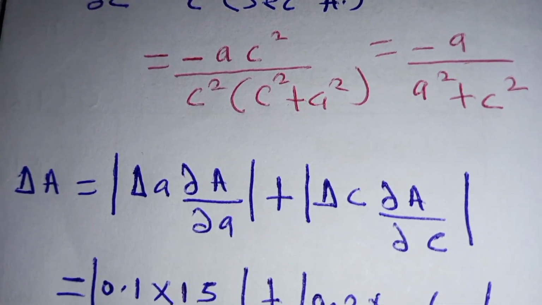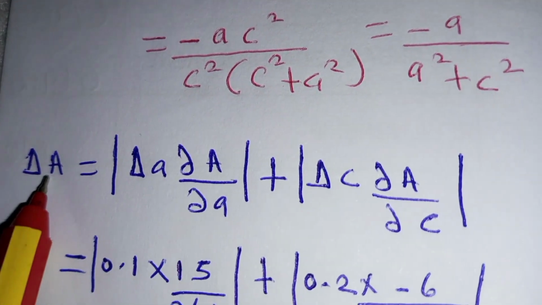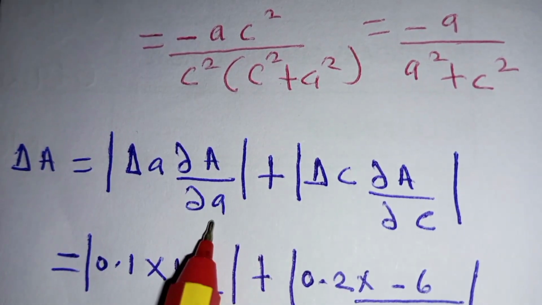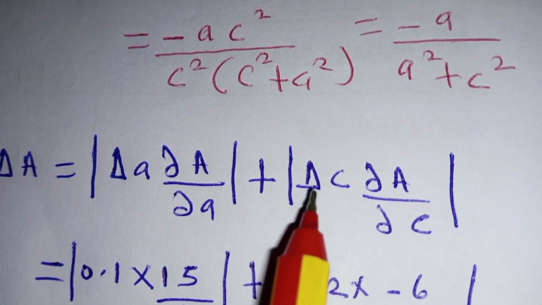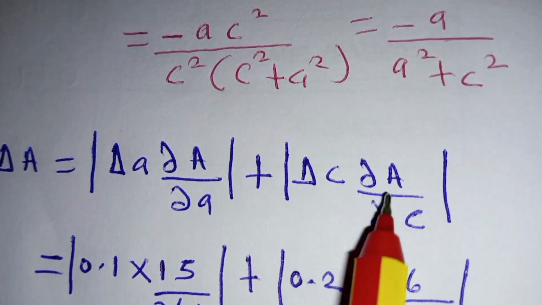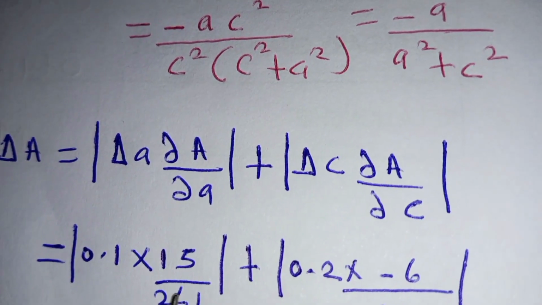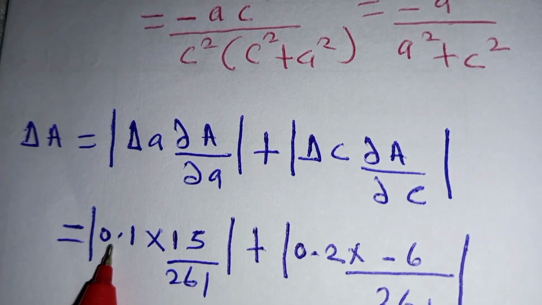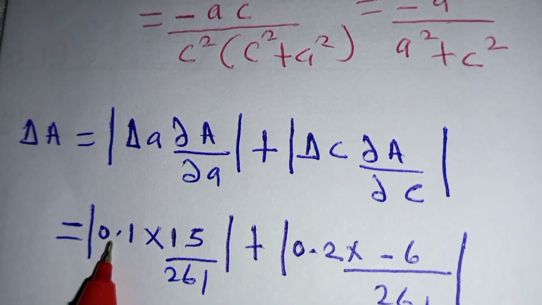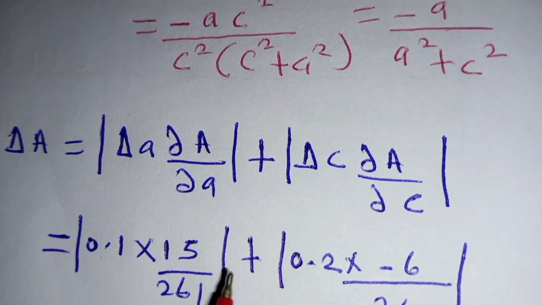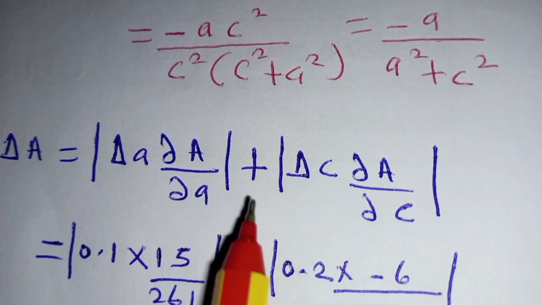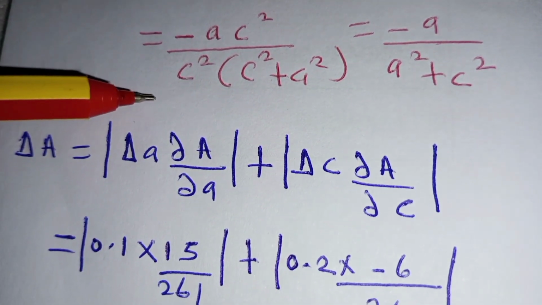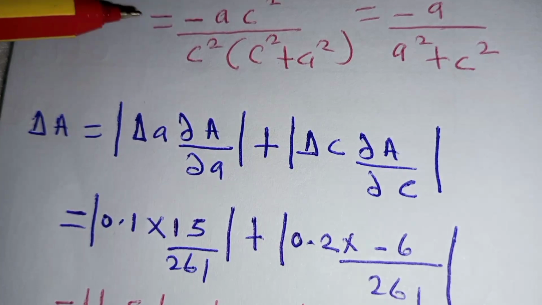Then we make use of the error in A, which is obtained by the small change in a, times the modulus of the partial of A with respect to a, plus the error in c times the partial of A with respect to c. We substitute. We were given that the change in a is 0.1, and we have obtained that the partial of A with respect to a is given by c divided by c squared plus a squared.